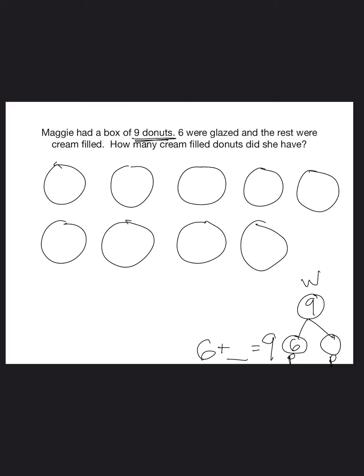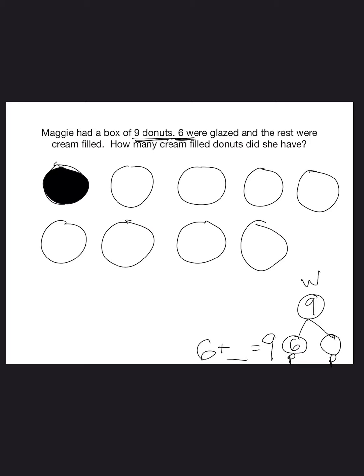All right, let's go ahead and represent one of the parts that we know we have, the glazed donuts. We're going to do that by coloring in 6 of these donuts, okay? I don't need it to be beautiful, right? We're just going to fill them in, and we're going to fill in 6. So if you would do that with me really quick, that would be great.